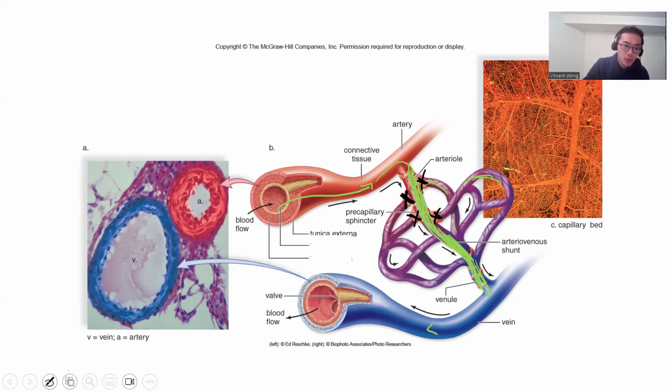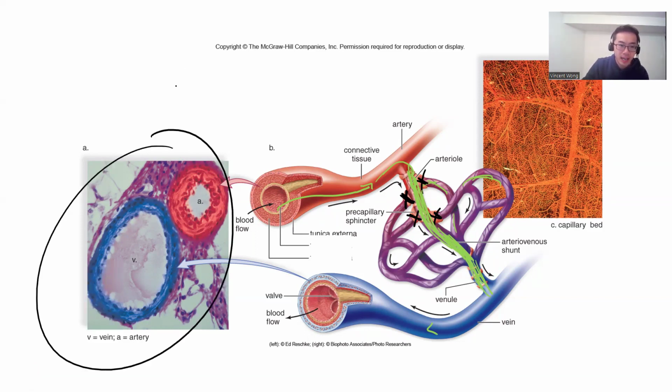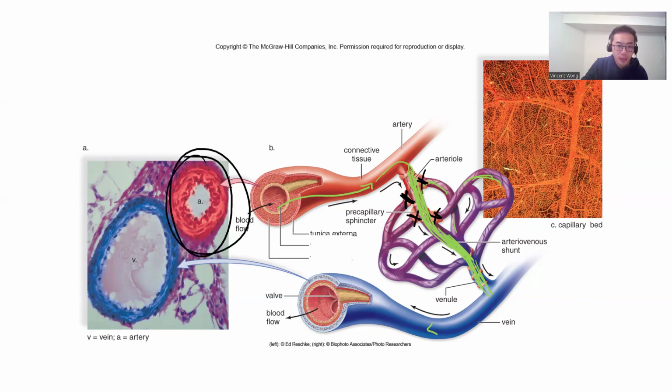So let's take a closer look at this picture right here. We have the artery right here, and we have the veins here. They are not really those kind of colors. When we prepare microscope slides and we look at different features, we can stain them using different techniques.